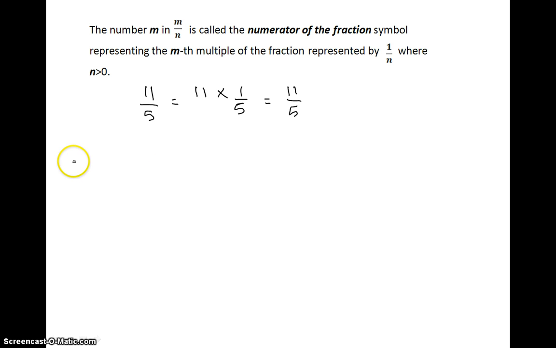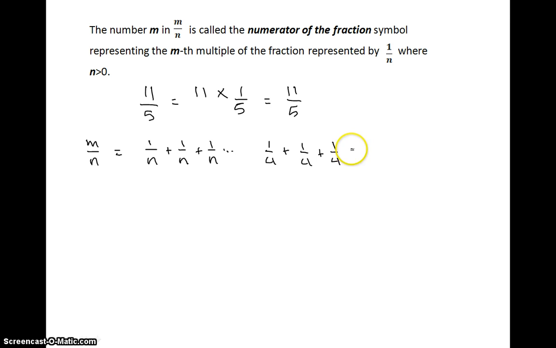Okay? Also, we can say that M over N is the concatenation, remember that word, concatenation, of all the segments of 1/N. So I can say 1/N plus 1/N plus 1/N, keep going, and that is for M times. So if I want to use an example, it is 1/4 plus 1/4 plus 1/4.